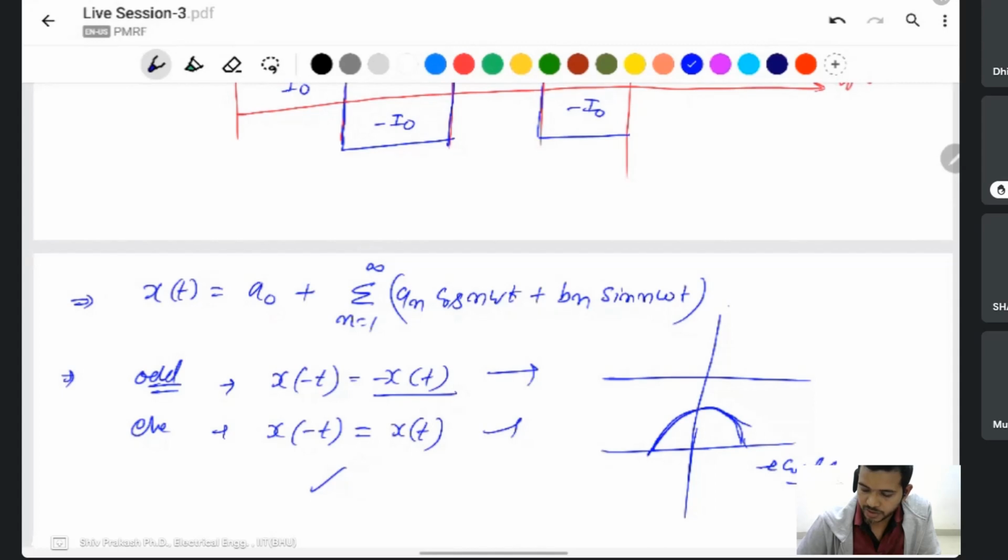Cos omega t you can call the even signal, and the odd one is like a sine signal. If you keep a mirror on the y-axis and find the same waveform on the right-hand side, that is the even signal. If it is not the same, it is the odd signal.